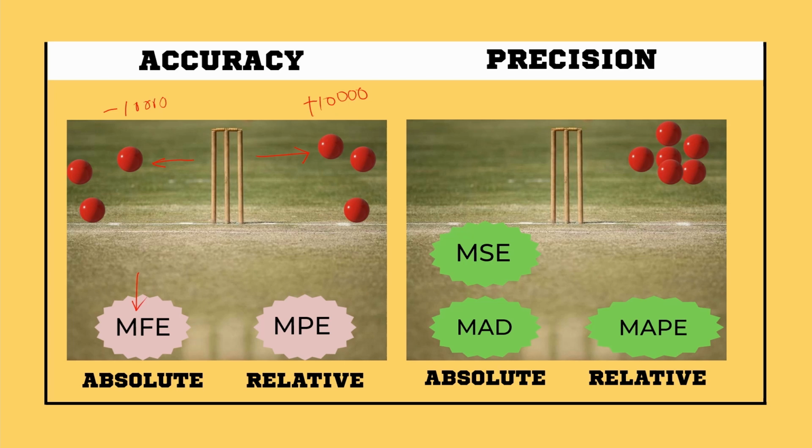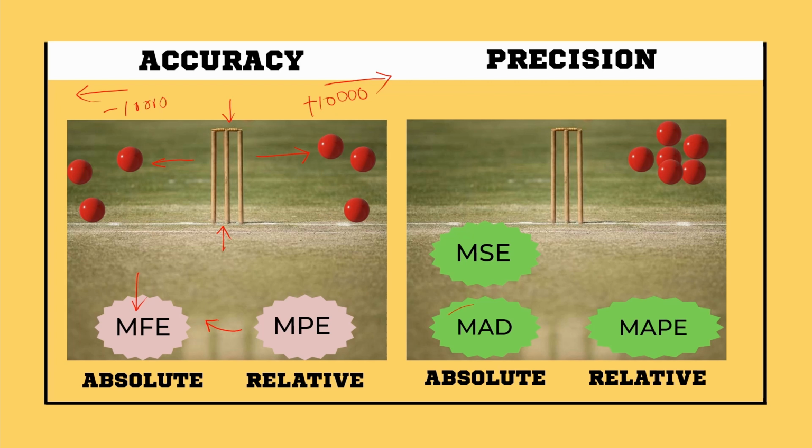So even if the spread is too large, your MFE value does not take care of it, provided that the spread is equal on both sides of the target. So MFE is primarily focused on the target or the accuracy, not the spread. And since MPE is the relative measure of MFE, that is also a measure of accuracy and not precision.